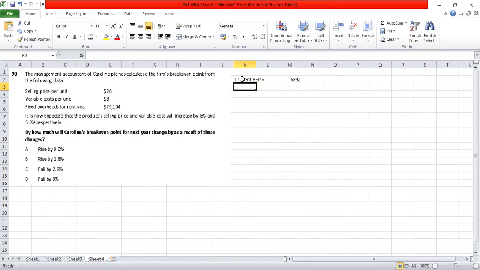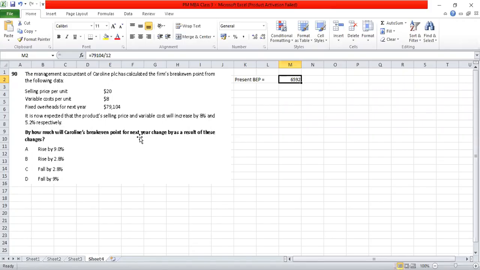No, we are calculating the break-even point in units. So these are the number of units. 6,592 is units. I have calculated here: fixed cost divided by contribution margin per unit. Fixed cost is 79,104 divided by contribution margin of 12.